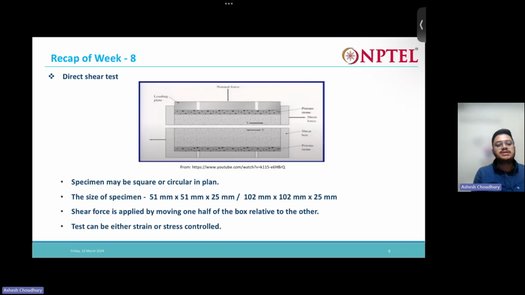One of the most primitive and basic tests is the direct shear test. Direct shear tests are generally preferred for sandy soils, cohesionless soils, but we can do it in other cases also if we have some pore pressure measuring unit.